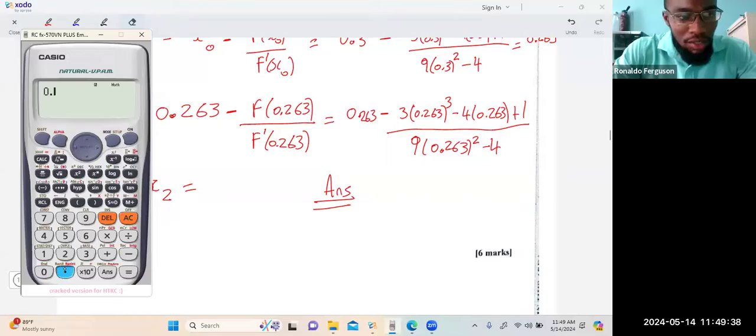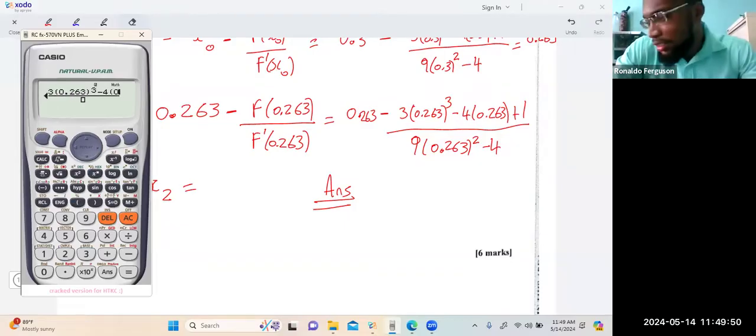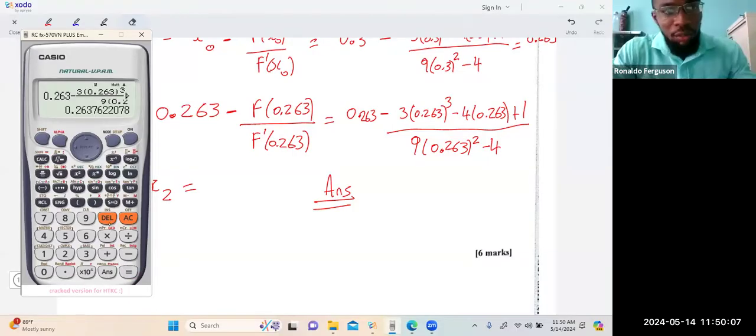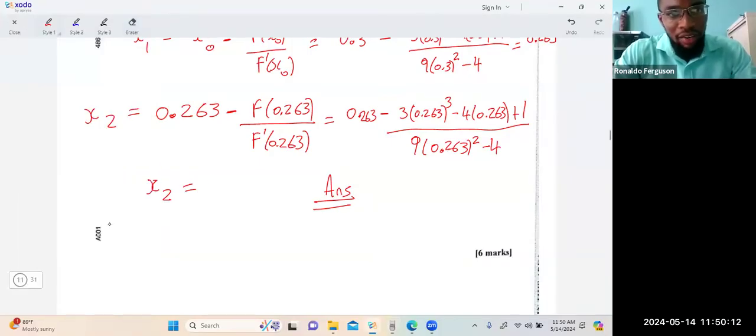So 0.263 minus fraction button, 3 in bracket 0.263 cubed minus 4 in bracket 0.263 close bracket plus 1 over 9 in bracket 0.263 squared minus 4. 0.264 is my answer. This is now very accurate.